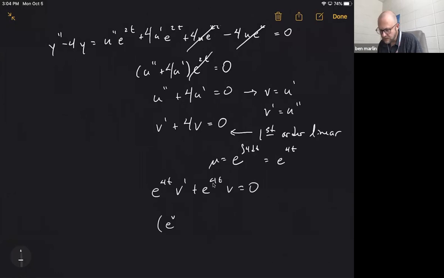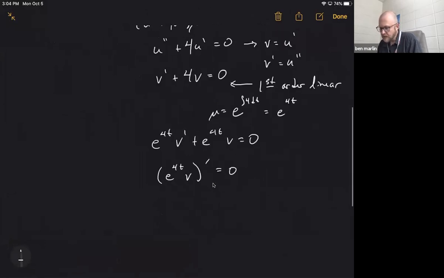And that is the same as saying e to the 4t v quantity prime equals 0. I integrate both sides, and I have an e to the 4t v over here because the integral and the derivative cancel out. And I have a constant over there. So the v that I'm getting then is c e to the minus 4t.